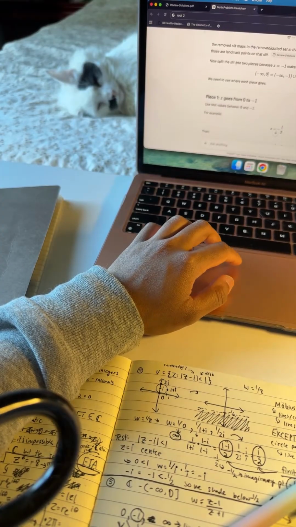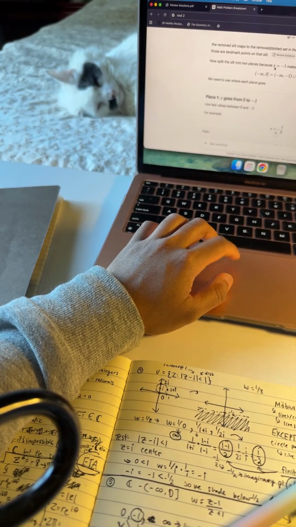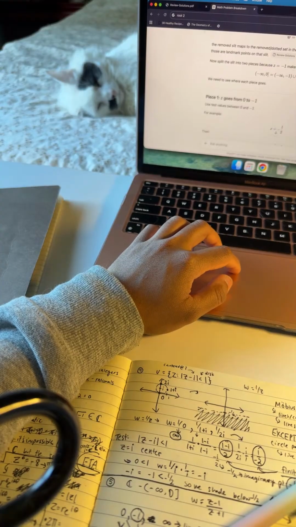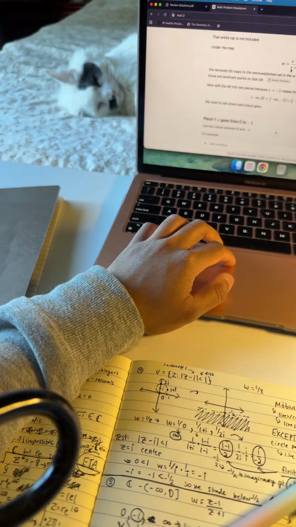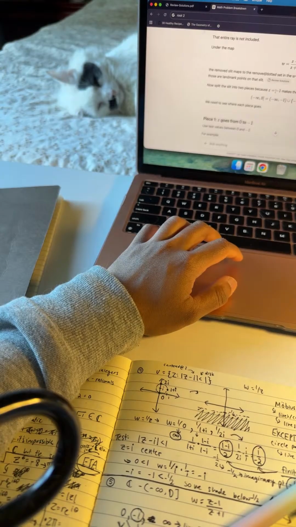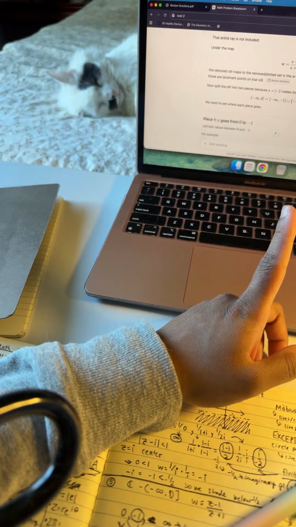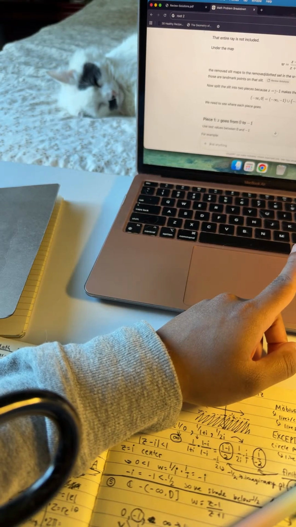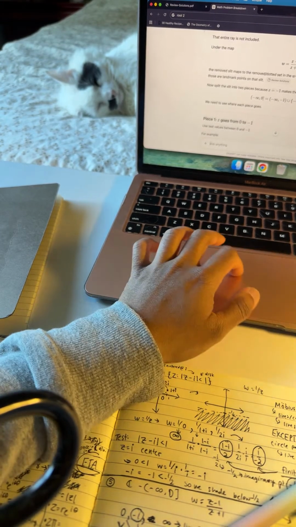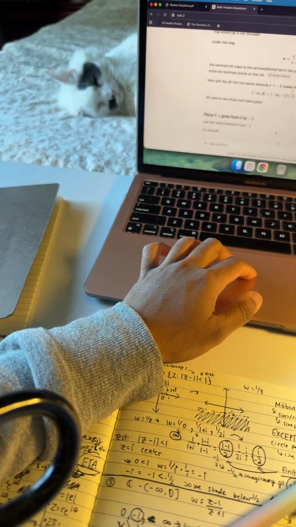Now split the slit into two pieces because -1 makes the denominator 0. So if the denominator goes to 0 because of -1, you split it into two pieces. Oh, because -1 is where there's like a hole. Why do we do that?